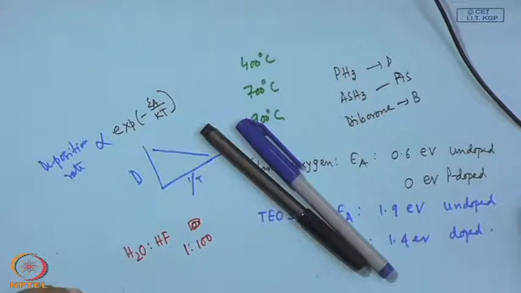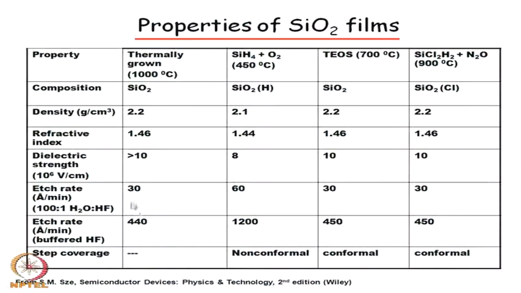With that solution the etch rate is found to be 30 angstrom per minute in all the cases except silane oxygen, where it is 60 angstrom per minute. That means per minute 60 angstrom can be etched out. So, that means the porosity is there. Obviously, it is confirmed by the other data also, like the dielectric strength, and the density is less. So, the etch rate will be higher.